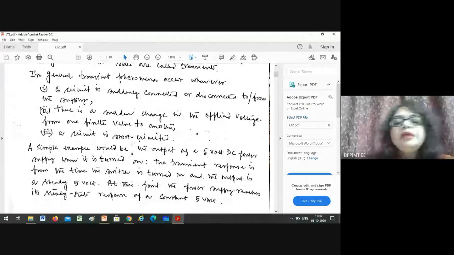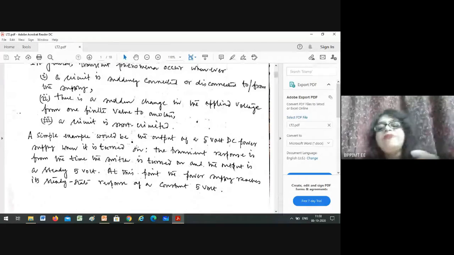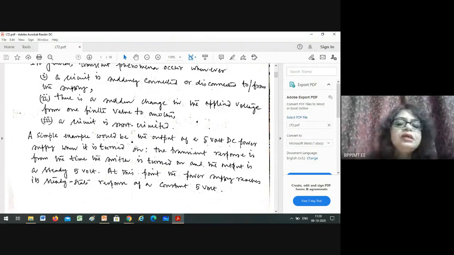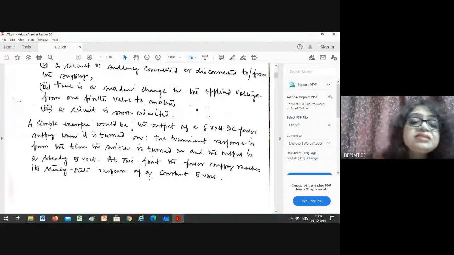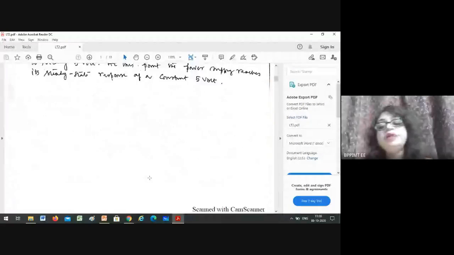A simple example would be the output of a 5-volt DC power supply. When it is turned on, the transient response is from the time the switch is turned on until the output is a steady 5 volts. At this point, the power supply reaches its steady state response of a constant 5 volts.